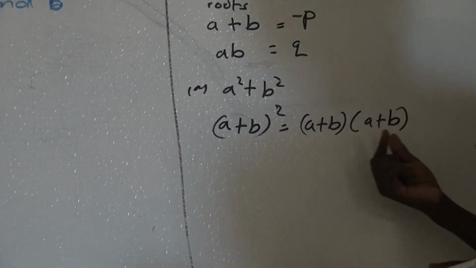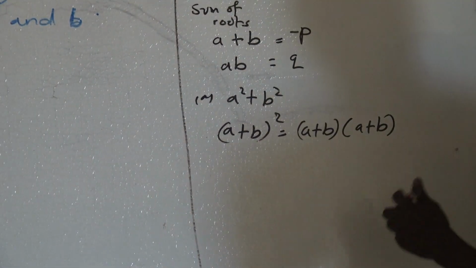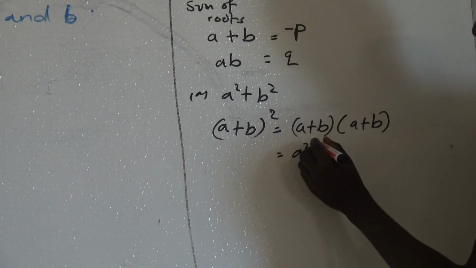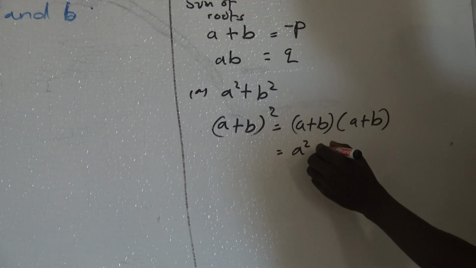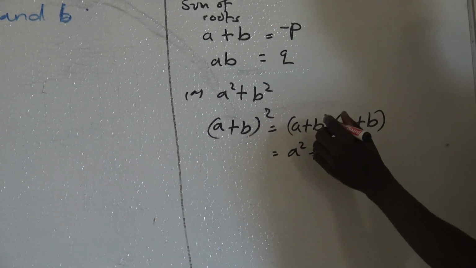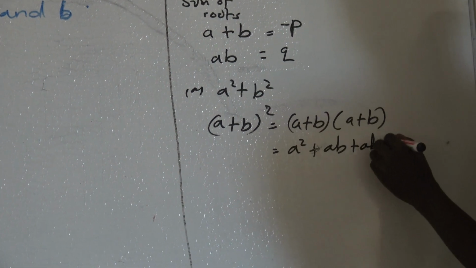So that means we are multiplying it 2 times. So for this case, we have to open the bracket, which becomes this times this as a squared, then this times this, which is plus ab, then this times this which is plus ab, then plus b squared.